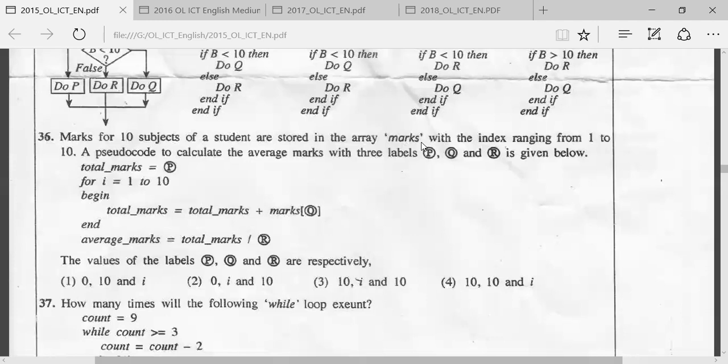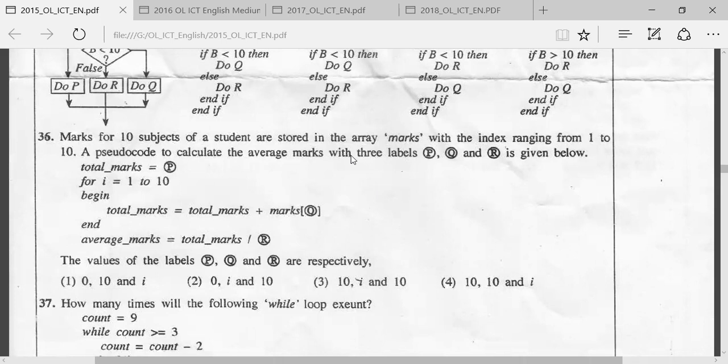Marks is the array name, a variable name, with the index ranging from 1 to 10. So the index is starting from 1 to 10. A pseudocode to calculate the average marks with 3 labels P, Q, and R is given below.